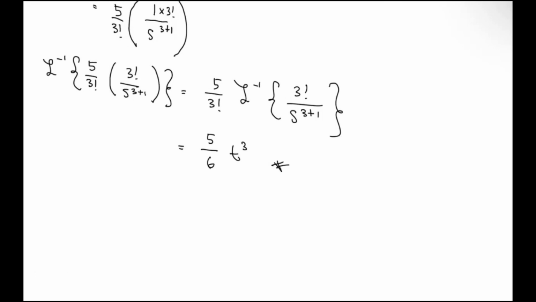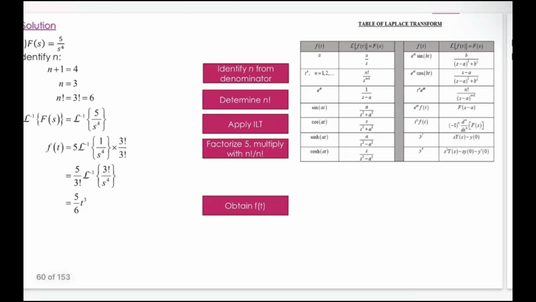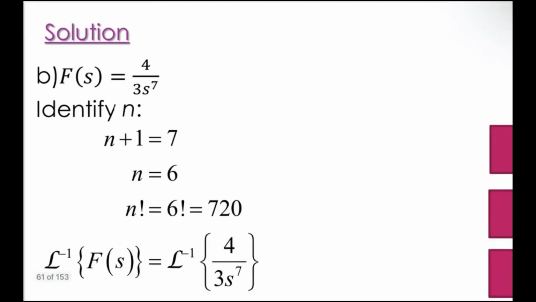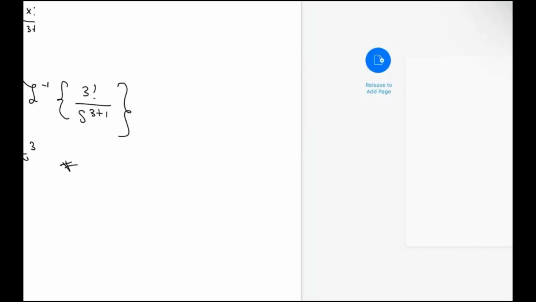Let's try something more. Another one, okay, 4 over 3s^7. So let's say we have a function F(s) equal to 4 over 3 s to the power of 7.